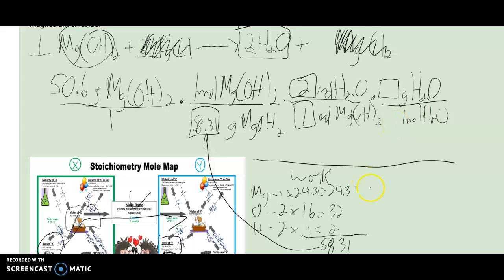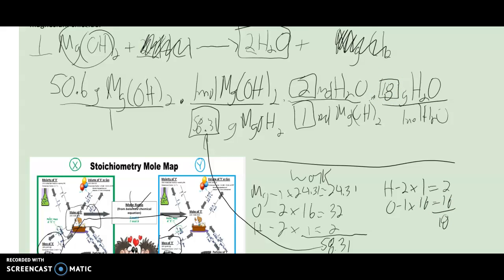So I've got to do this math again. Hydrogen, I've got 2 of them, and I know it's 1, so that's 2. And oxygen, I've got 1 of them times 16. 2 plus 16 is 18, so here's my number: 18 grams of H2O.